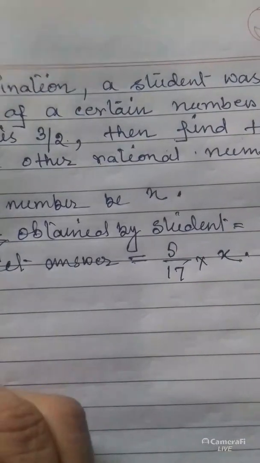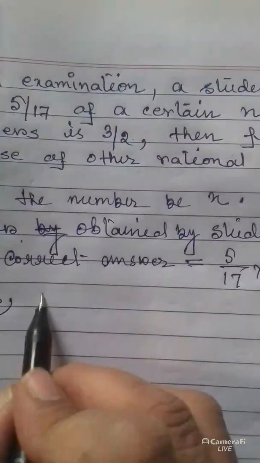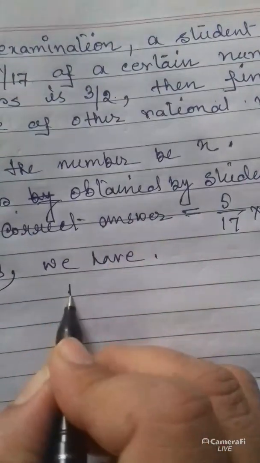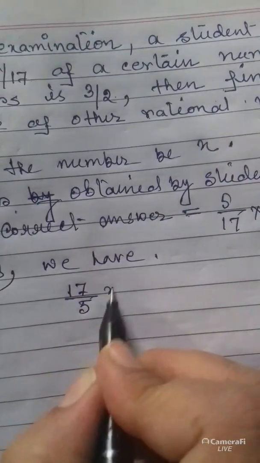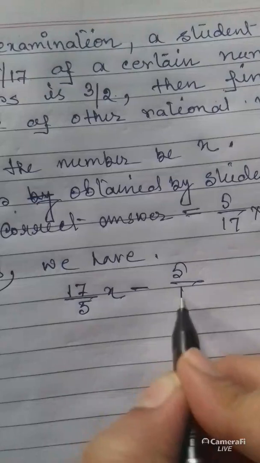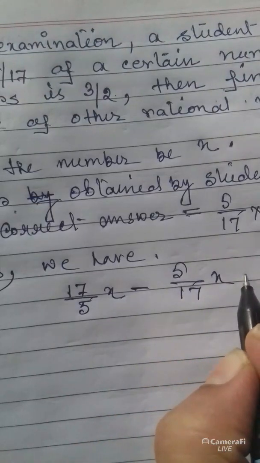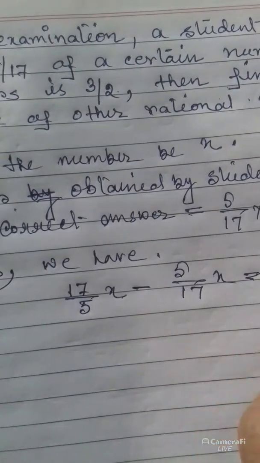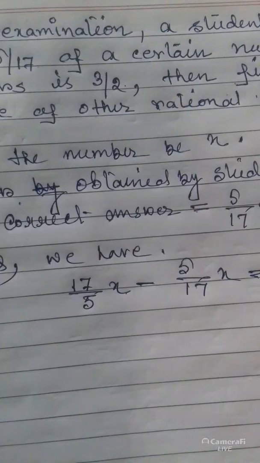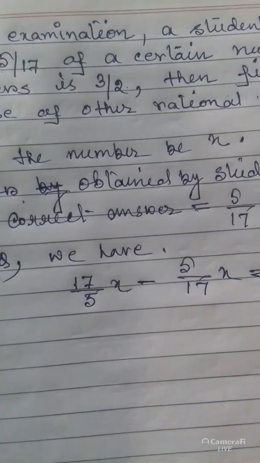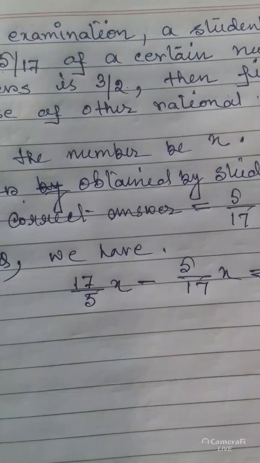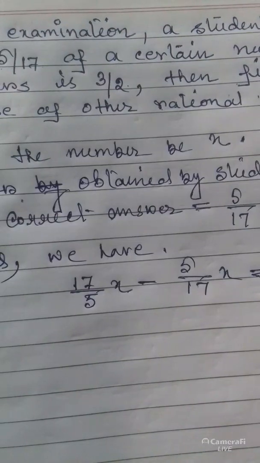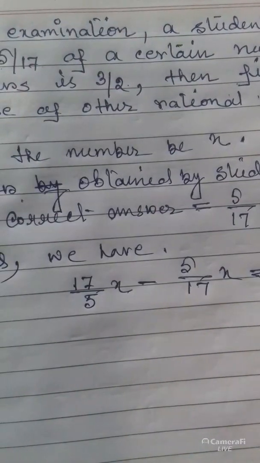So according to the question, we have 17 by 5x minus 5 by 17x equal to 264 by 119.